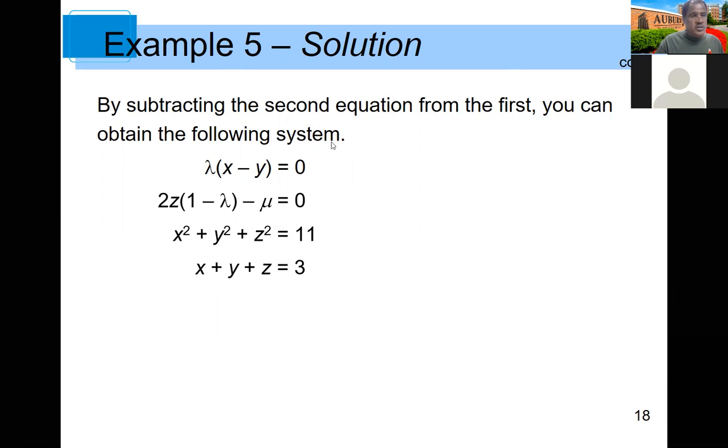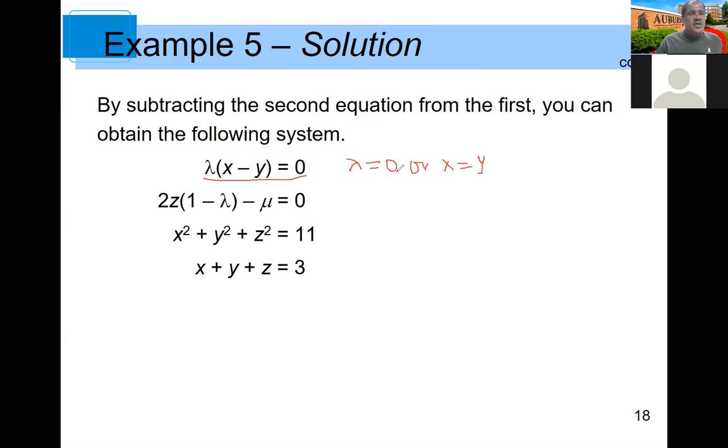From this equation, what you have is either lambda is 0 or x minus y is equal to 0. X minus y is equal to 0 means x is equal to y.